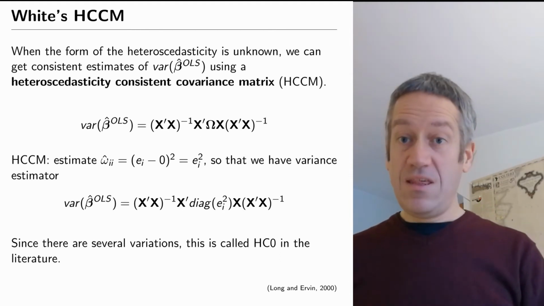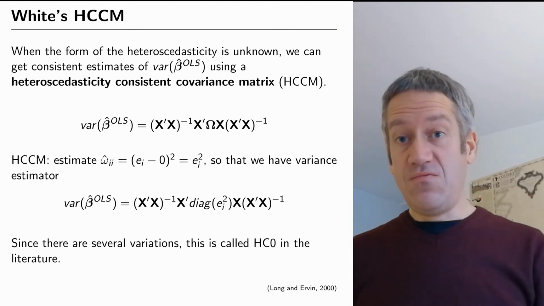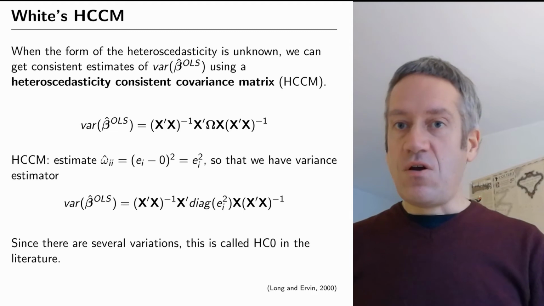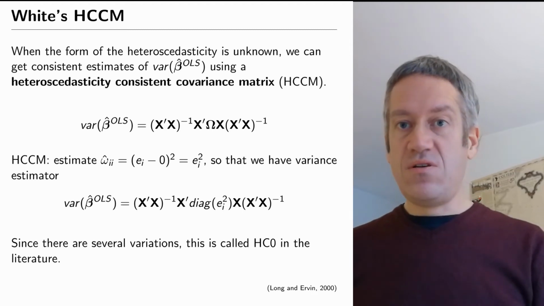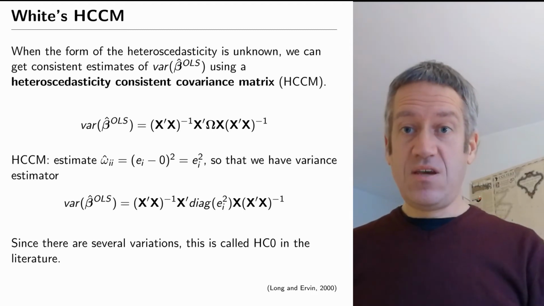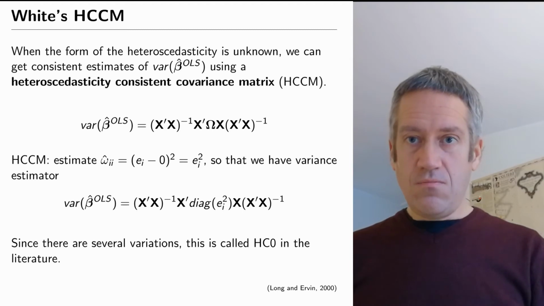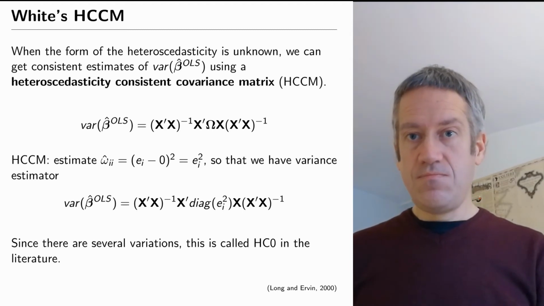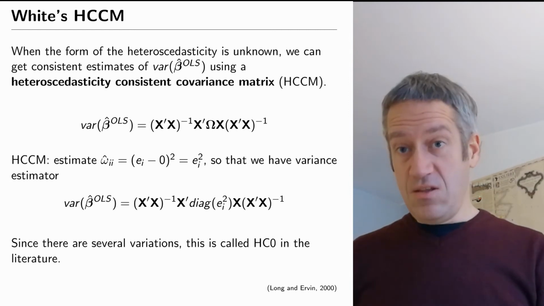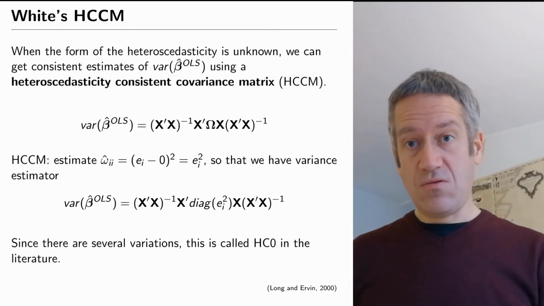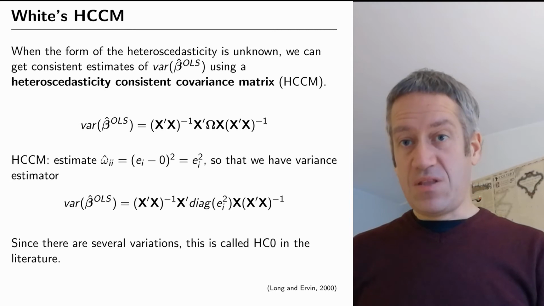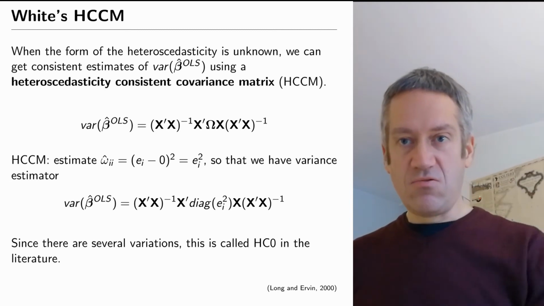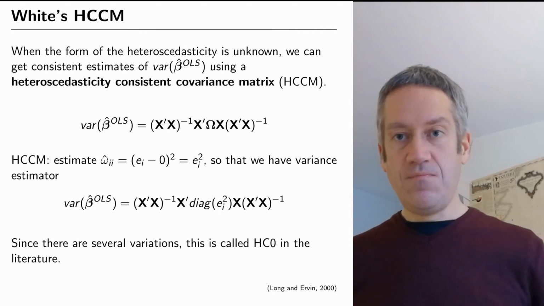Maybe a good estimate for the variance of an error for any particular observation might be to take the residual and then square it. The residual is the distance from 0 of that particular observation, 0 being you're on the regression line, and the residual is your deviation from that regression line.